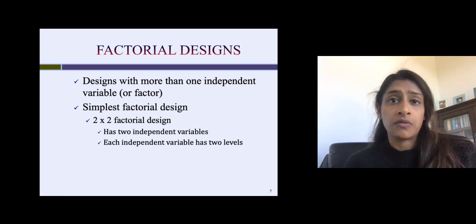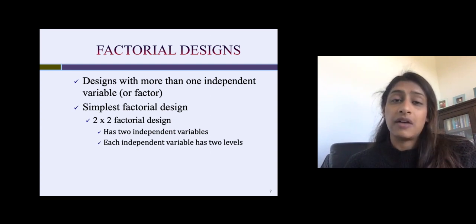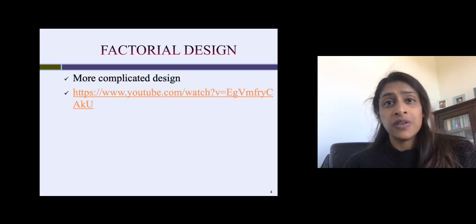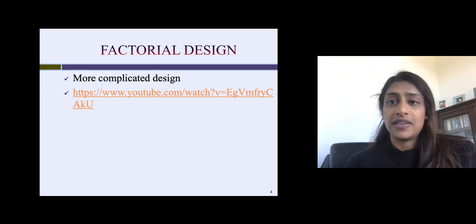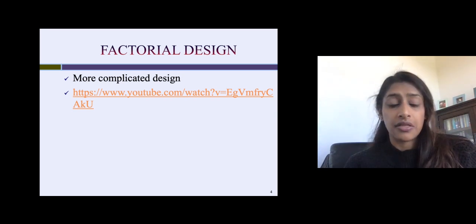And this will be important for you when you're discerning the number of independent variables you have in your research study. I want to show you very quickly a really great YouTube video that shows you how to calculate and look at these independent variables. And then we'll go through and take a look at a study together.